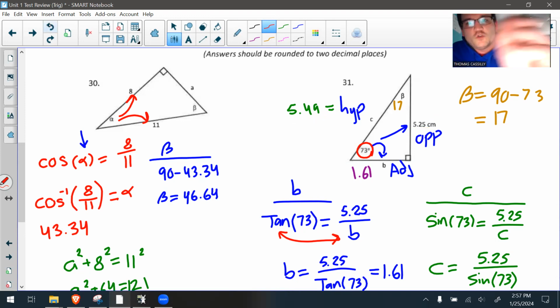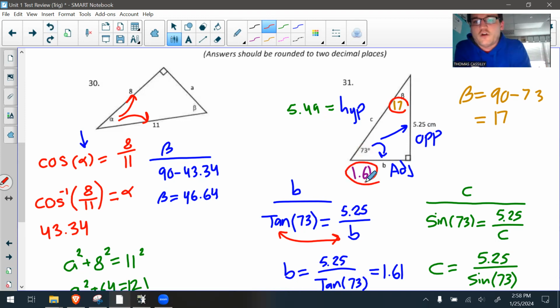You have a 17-degree angle up here, and a pretty small side length. 17 is pretty far away from 73, so that 1.61 side length is going to be a lot smaller than the other two. That's another way you can conceptually confirm that your answers are correct, or at least close. They do make sense for this answer.